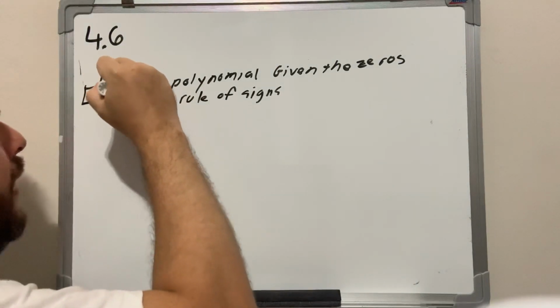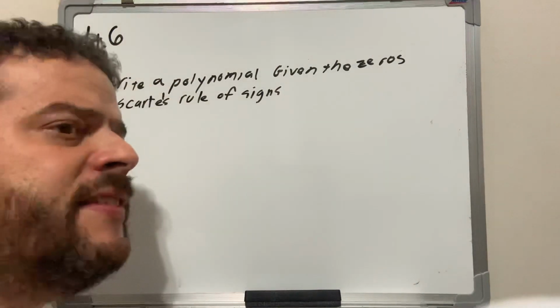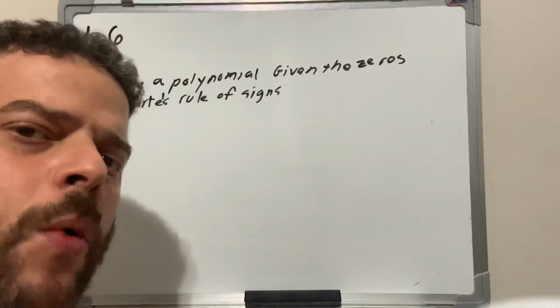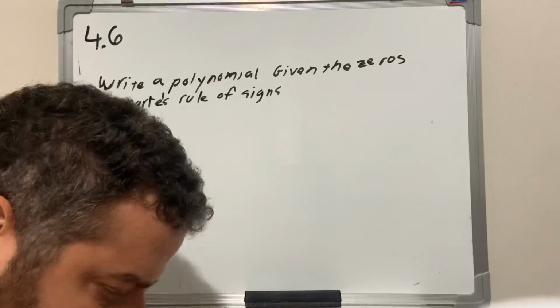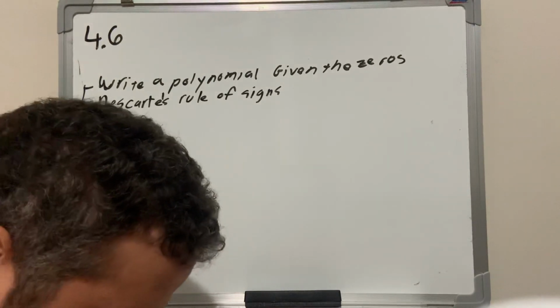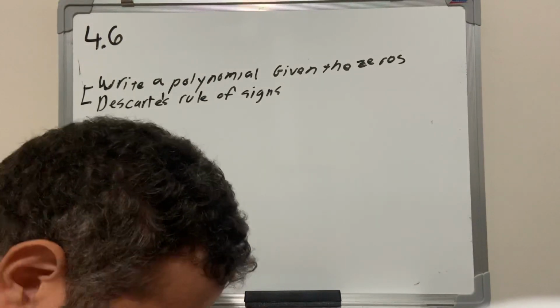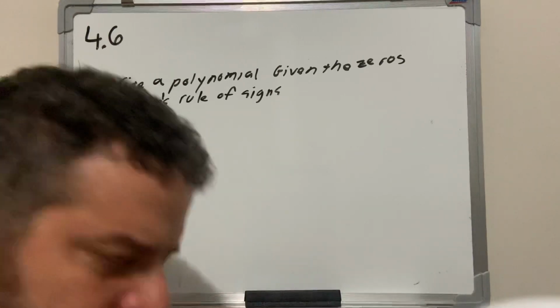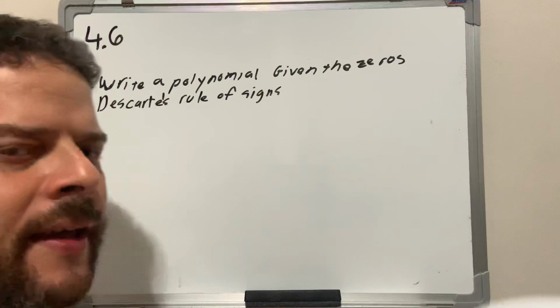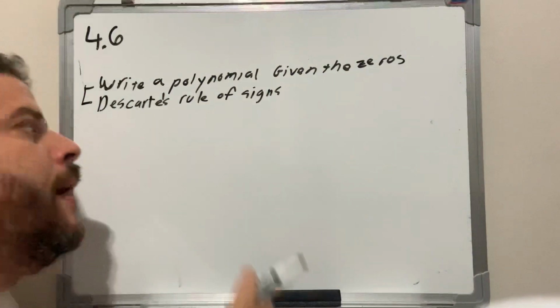Now, we're going to write a polynomial of least degree with a lead coefficient of 1 when we're provided some zeros. If you look at the exercises, let me do one myself, because I was about to do the homework.